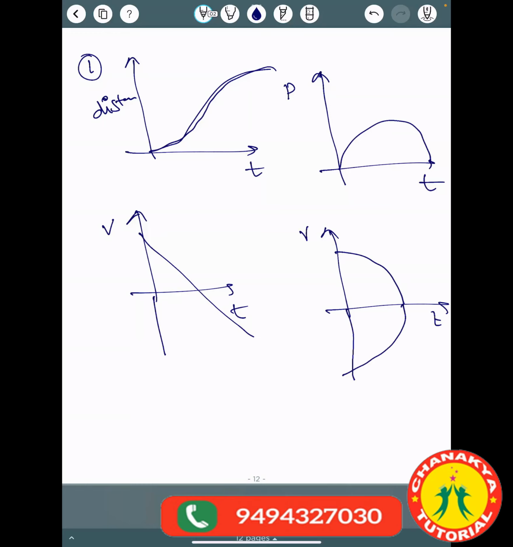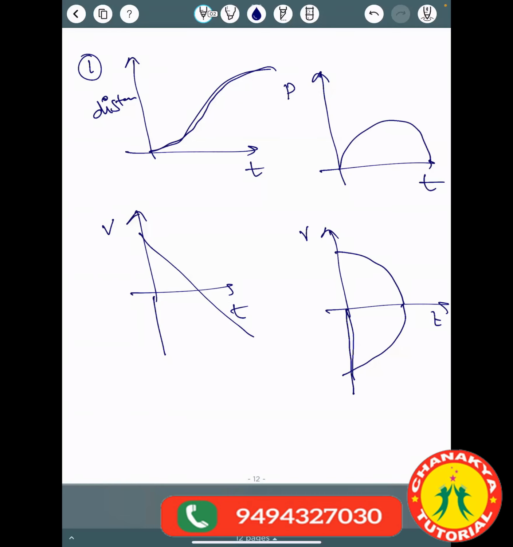So the option D, why? Because it is fully negative. Negative means what? Even the velocity as well as the acceleration, both of them are negative.